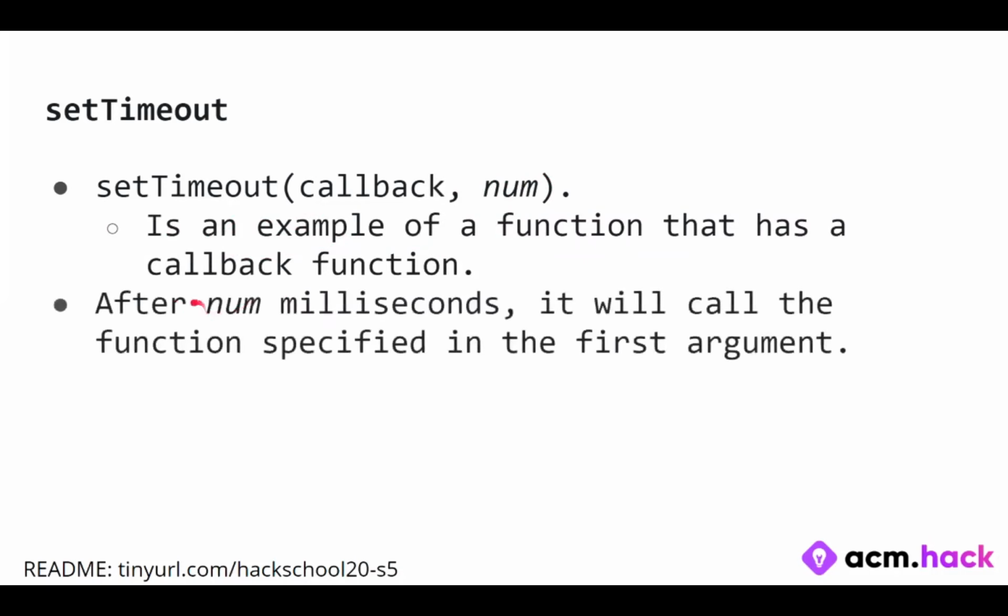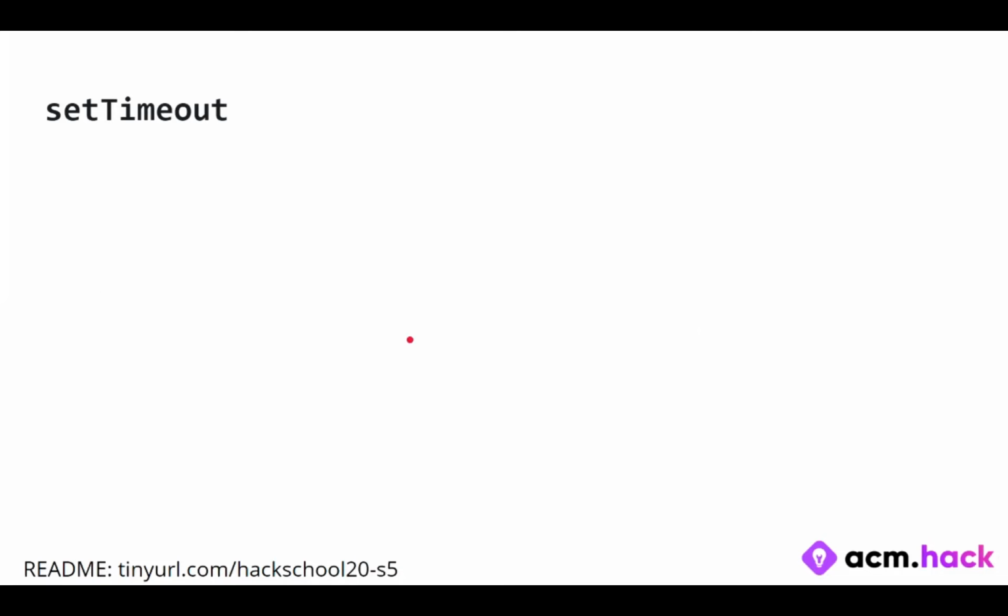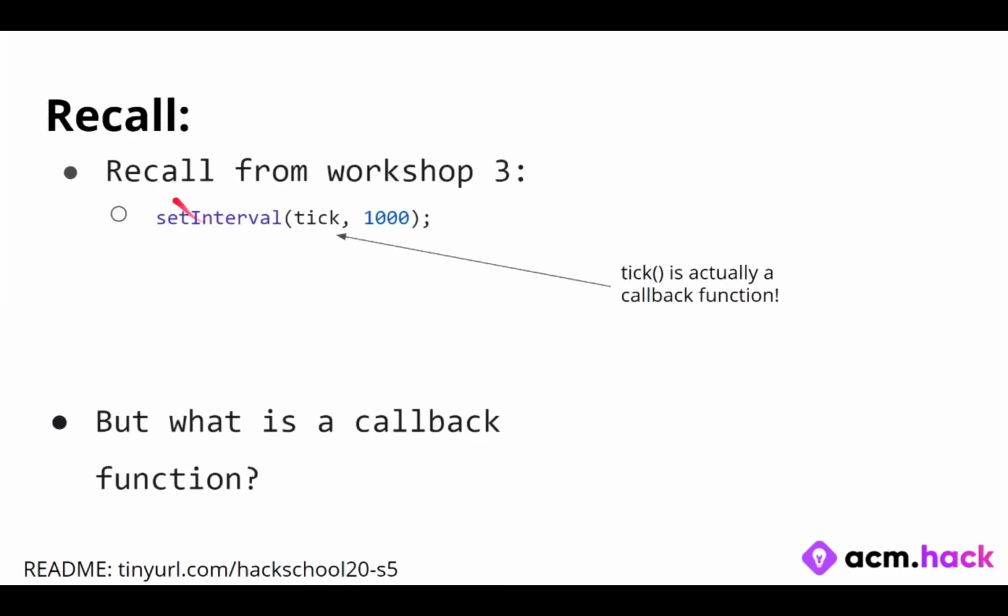After the number of milliseconds, it will call the function specified in the first argument. So if we go back, set interval calls the function specified in the first argument every 1,000 milliseconds. But if this was replaced with set timeout, it would call tick only once after 1 second.